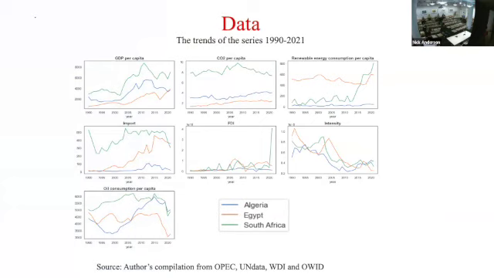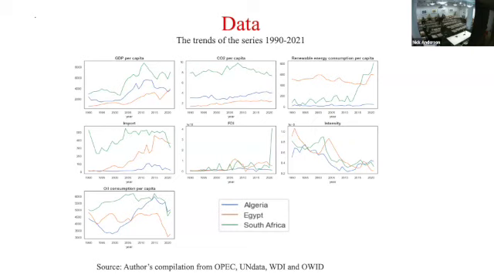Renewable energy consumption per capita is measured in kilowatt hours. Import here is import of crude oil and petroleum products. FDI is measured in current US dollars. Energy intensity is computed as the ratio of primary energy consumption to GDP. And oil consumption per capita, as a proxy for fossil fuel, is measured in kilowatt hours.